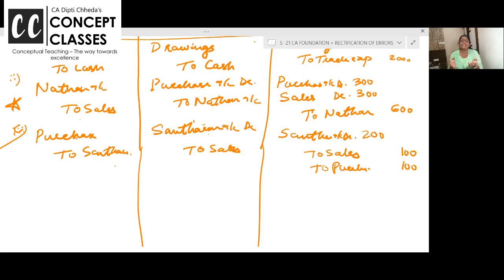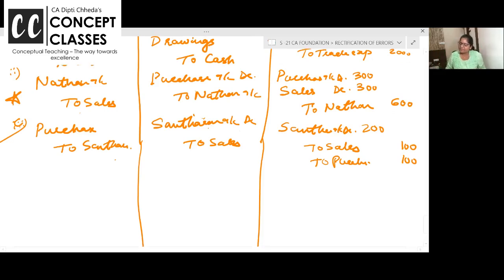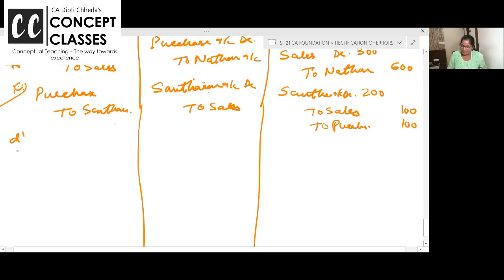And now sales, it is actually a sales. You didn't credit sales, so credit. Purchase was wrongly debited, so credit. And Santaram debit twice. Chalo, D entry. This is to ask so much.